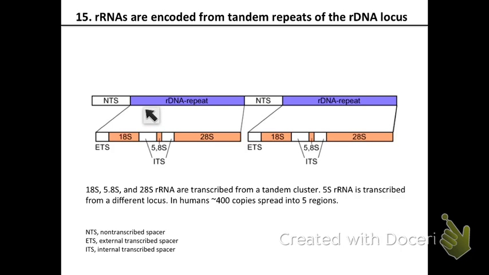What you have is many, many repeats; only two of them are shown here. There are hundreds of these repeats in the genome at certain places in some chromosomes. Each of these repeats contains the 18S, 5.8S, and 28S RNA. In humans, there are about 400 copies spread into 5 regions. Each of these repeats is transcribed.